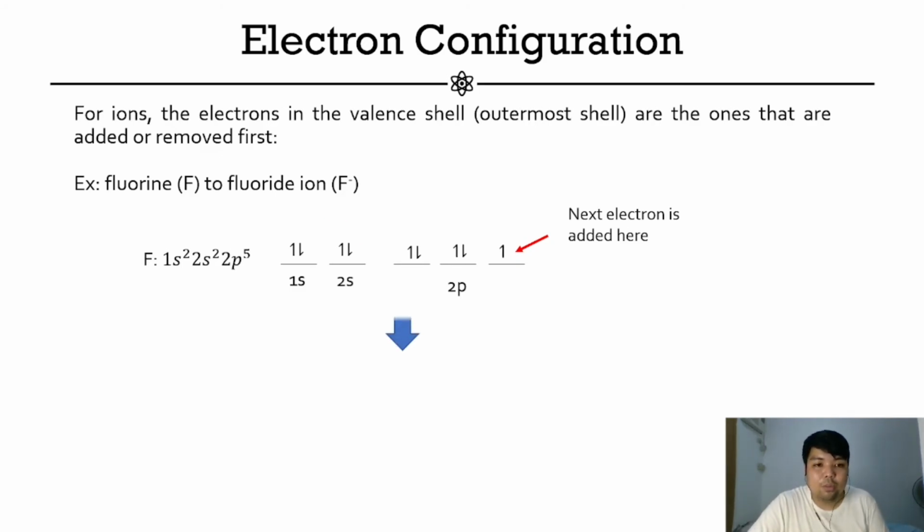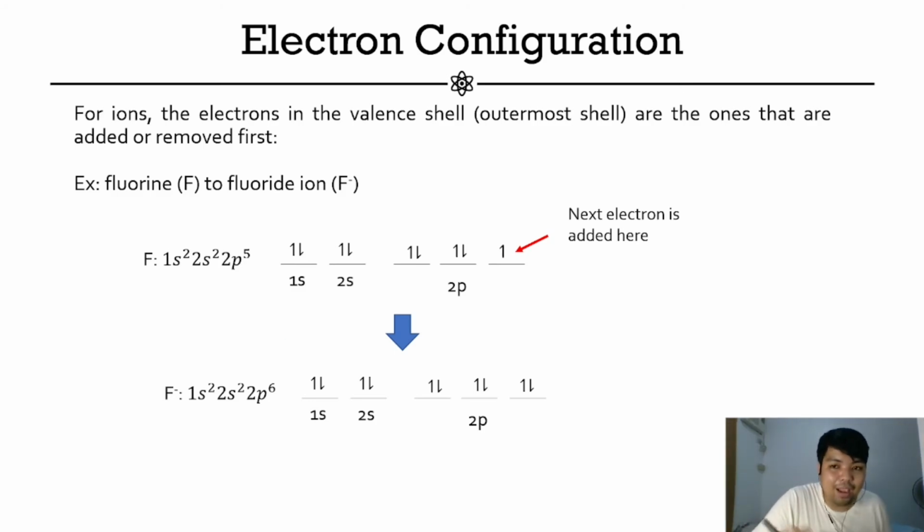So the resulting electron configuration, from 1s2 2s2 2p5 of fluorine, will become 1s2 2s2 2p6 of the fluoride anion.